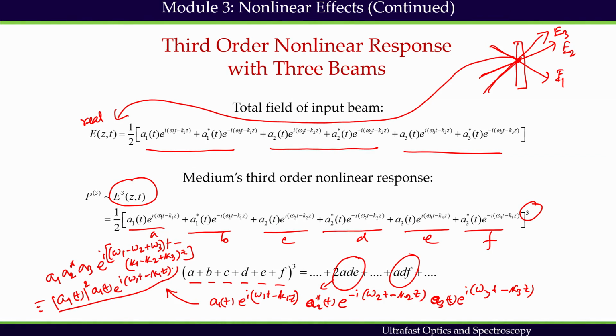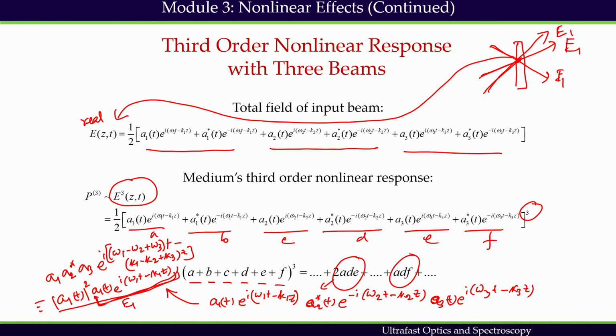What does it mean to use three identical beams? It means that I have this input beam E1, they are identical, so all are E1 now, E1, E1 and E1. Their propagation directions are different, but they are still the E1 beam. So that can be expressed by this.